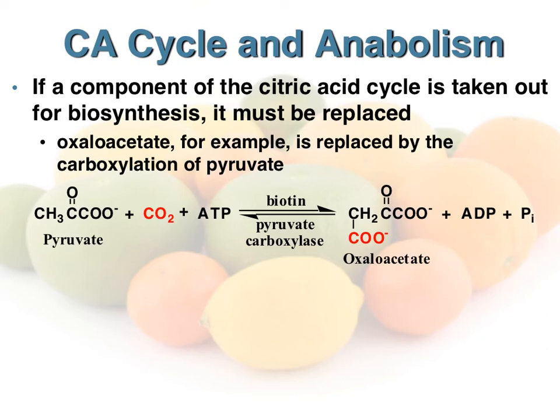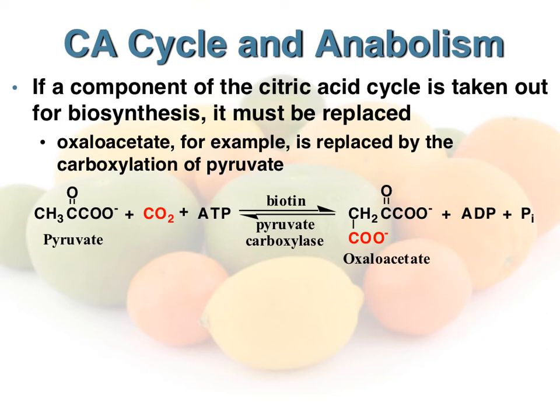You can imagine that there are ways, and sometimes they're called shunts, ways to get around parts of it, because if you take something out of the citric acid cycle, you've got to be able to replace it. As we've already seen, there are multiple ways to feed back into it. Okay, and so this is just one of the ways.